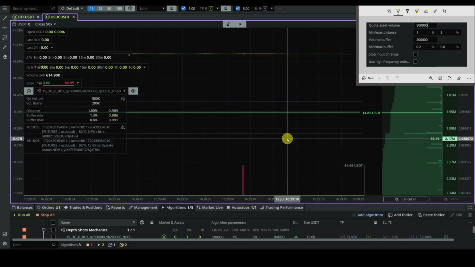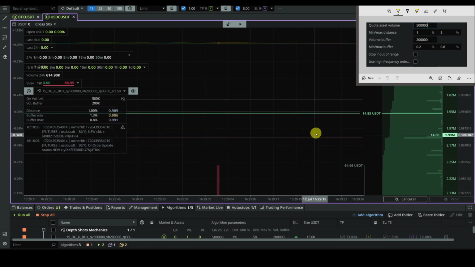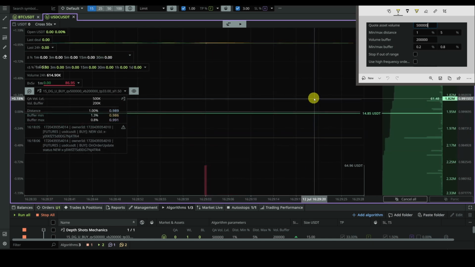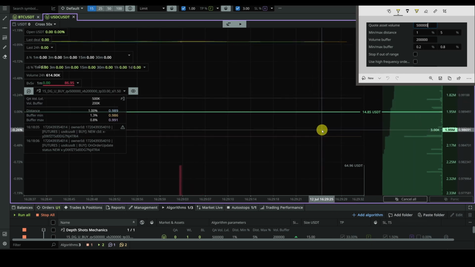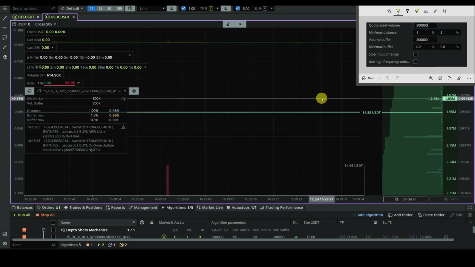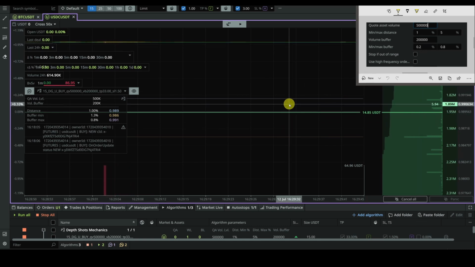Now let's try and change something. As I mentioned before, this one is looking at the volume and this one is looking at the minimum buffer setting. Let's try and make both of these act in a similar way. So if I were to change the minimum percentage buffer here to 0.3, let's predict what's going to happen.